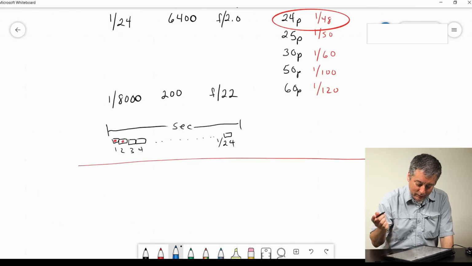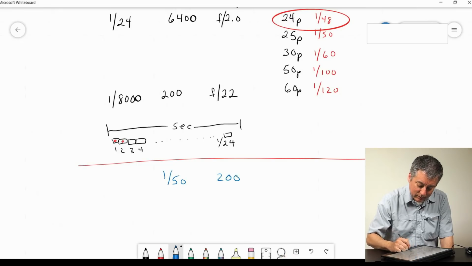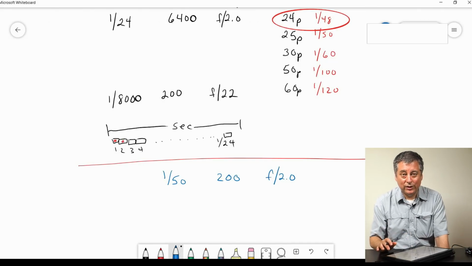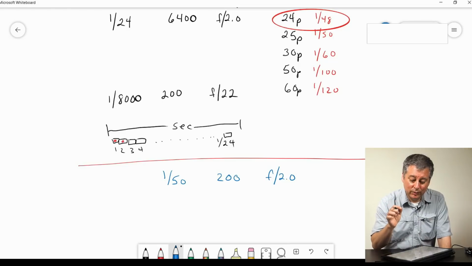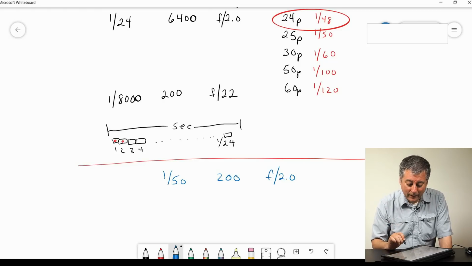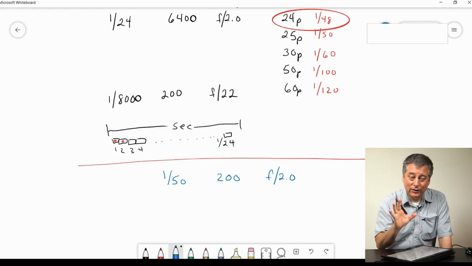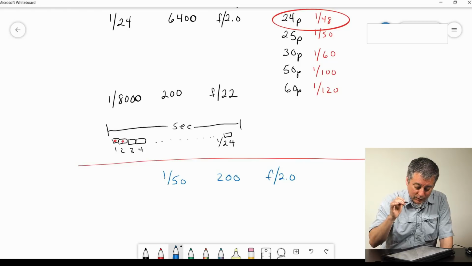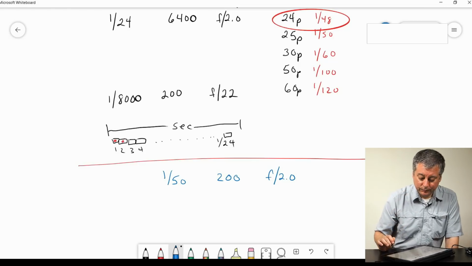A typical shot might be 1/50th of a second, ISO 200 at f/2.0. This might be a portrait shot because we want the best quality, so we're going to have a low ISO of 200. We want a shallow depth of field, so we're going to shoot at f/2.0. And we want to freeze the action as much as we can, so we might shoot at 1/50th of a second. We're not using a flash or anything.